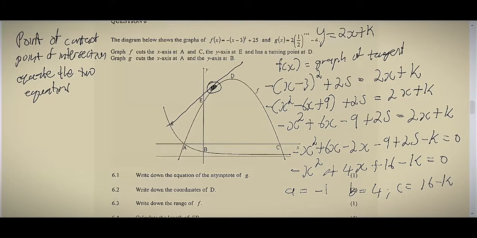Now, at this point, we are saying that the tangent has one point of intersection. That means if it has one point of intersection, it will represent two equal roots. Now we know that for two equal roots, that's where we have our discriminant being equal to 0, right?